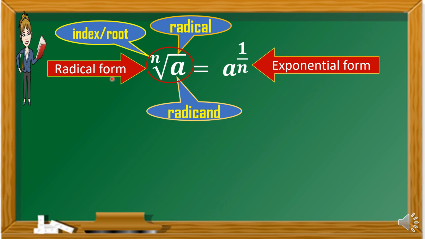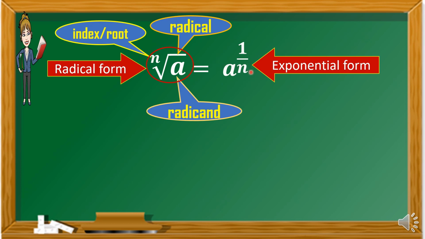Dito, from radical expression, yung radicand natin ang magiging base pagdating kay exponential form. Magkakaroon din po tayo ng exponent na fraction dito sa ating exponential form, na kung saan yung ating 1 na exponent as numerator ay nanggaling dito sa power ng ating radicand.